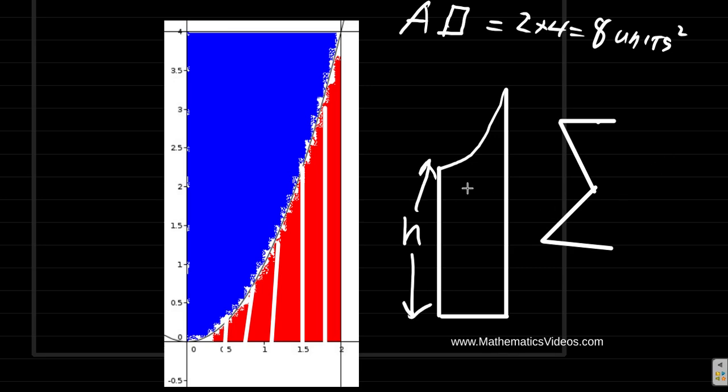The height times the width of each rectangle. So the area of each rectangle is height times width. But the height is what? If this is x, the height is x squared. So we're summing up x squared times the width.